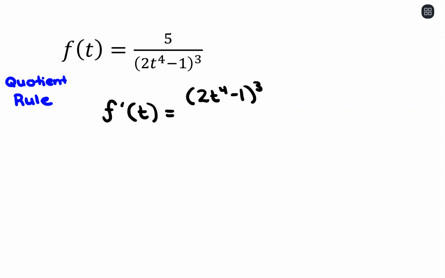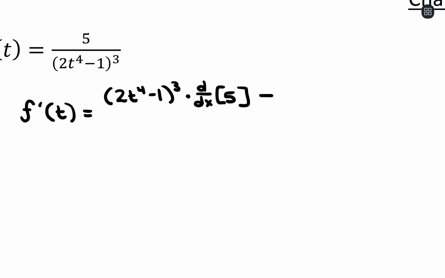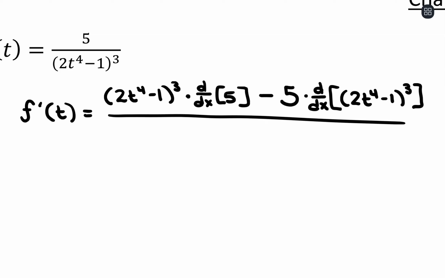So we have our denominator times the derivative of the numerator minus, and high d low, so numerator times the derivative of the denominator, all over the denominator squared.